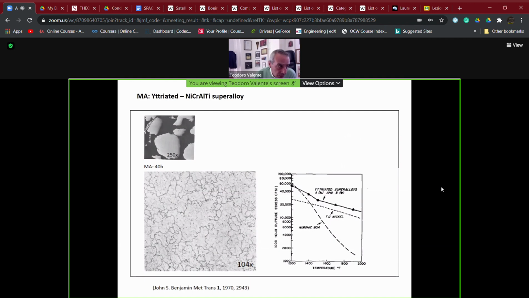We are interested in this because we are talking about ODS for high temperature applications in nickel-based superalloys, in which ceramic particles are dispersed inside, and these are essentially the definition of an ODS material according to our interest. Which are these ceramic particles? In the majority of cases, they are essentially yttria, that is yttrium oxide.